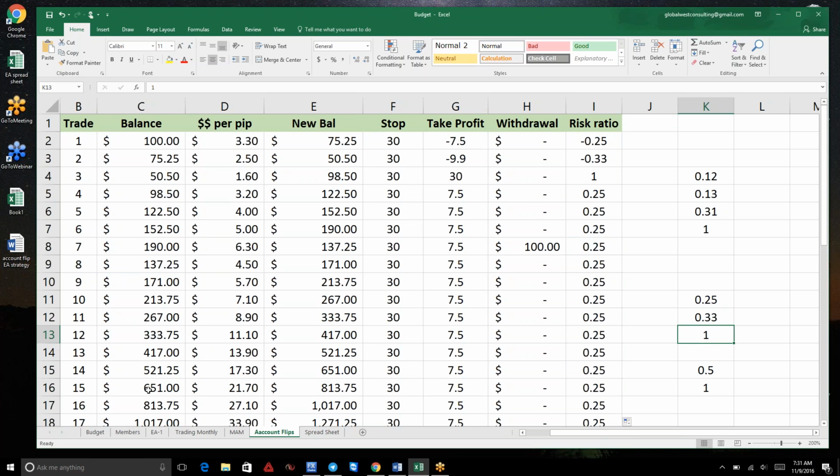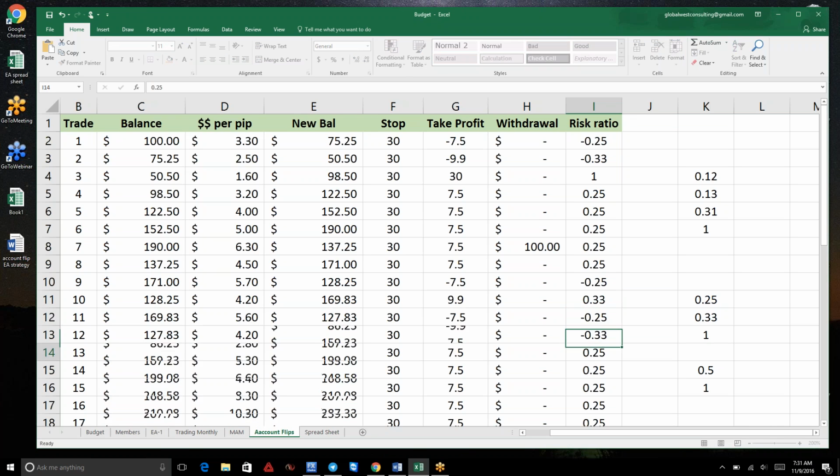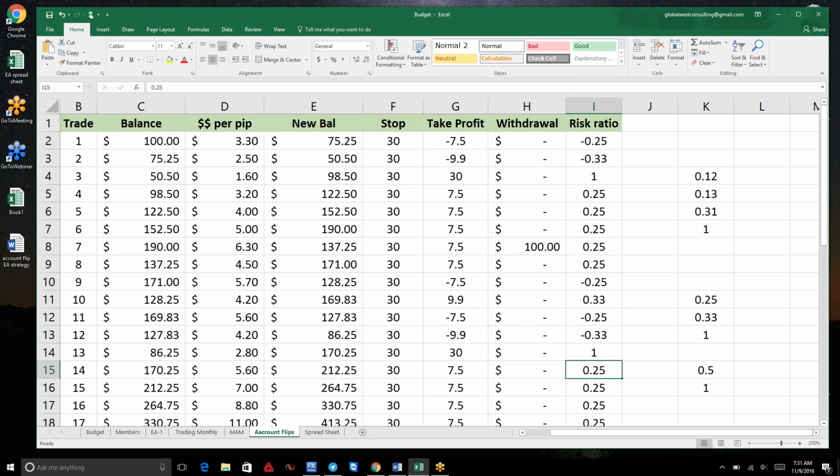You do an account flip, and it takes 16 trades at that pace to go from 100 to 1,000. You know, you can put some losses in here. So minus 0.25, gets it back at 0.33. Minus 0.25, minus 0.33, doubles down, gets it all back.